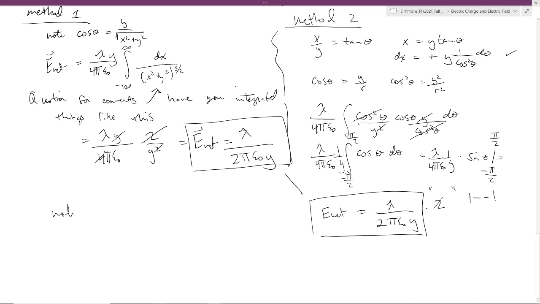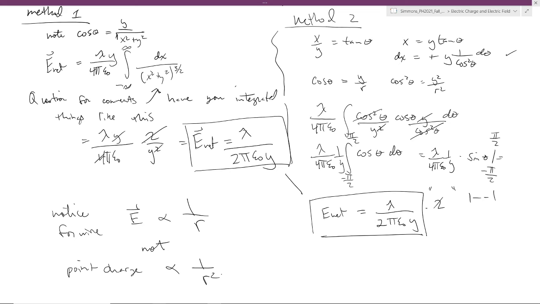Notice in this case for the wire, the electric field goes like 1 over r, not like the point charge, which was 1 over r squared, just like Coulomb's law. So it has a different behavior based on the geometry, which is kind of interesting.